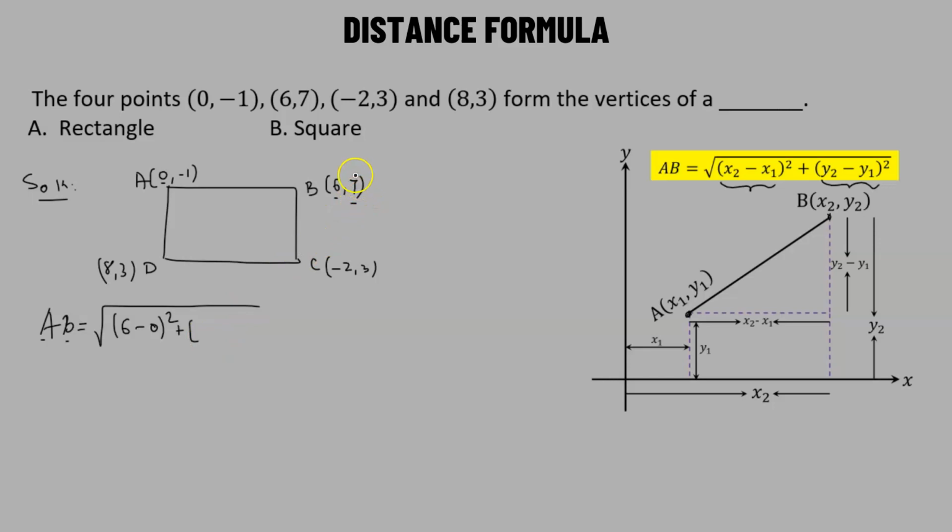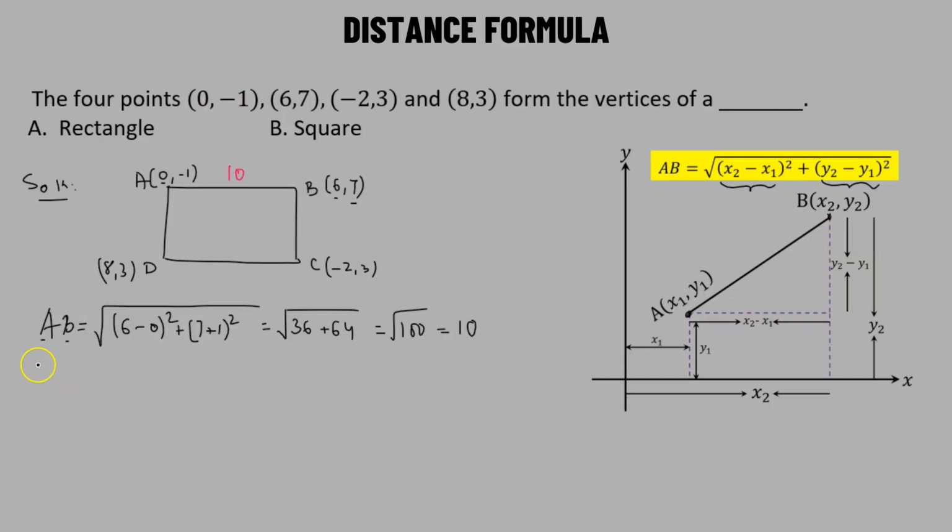We'll first start with the y coordinate of B, so that's 7, and from it we're going to subtract the y coordinate of A, so that's -1. So negative of -1 will make it positive, so we have (7 plus 1) squared. So let's find out this value. 6 squared is 36, and then we have 7 plus 1, that's 8. 8 squared is 64. Now 36 plus 64 sums up to 100, square root of 100 is equal to 10. So that means AB has a length of 10 units.